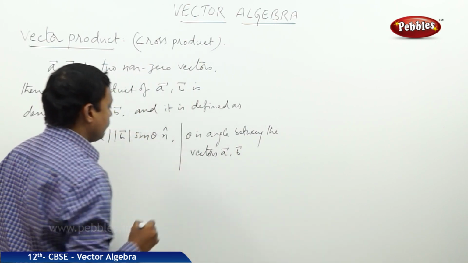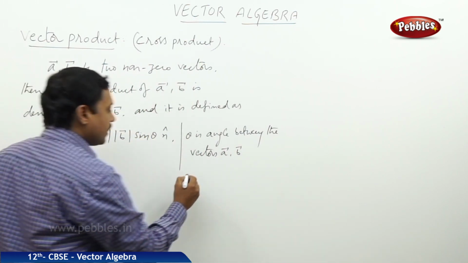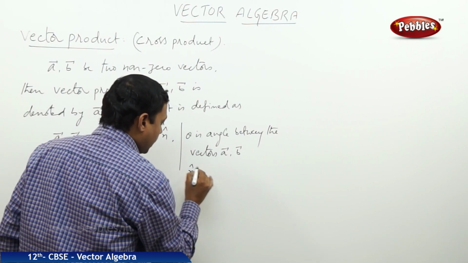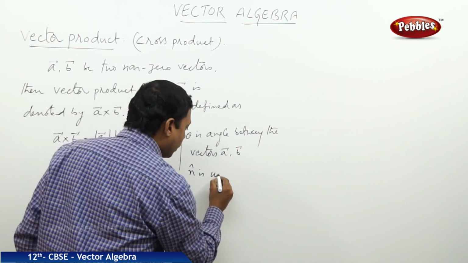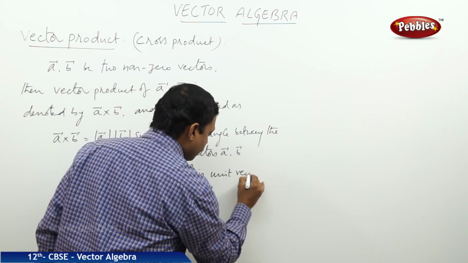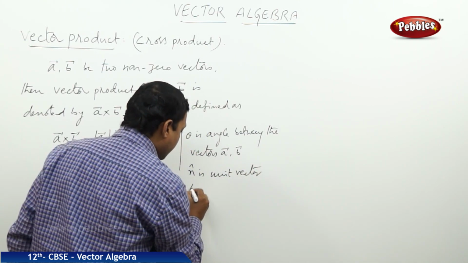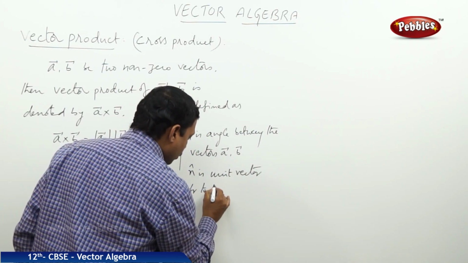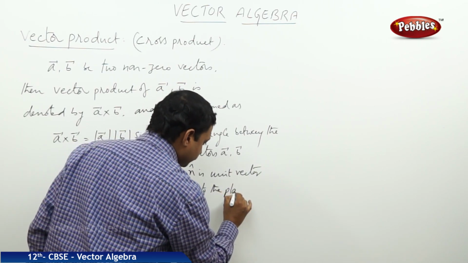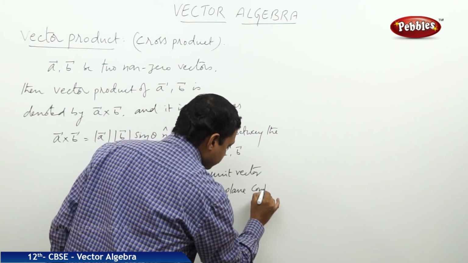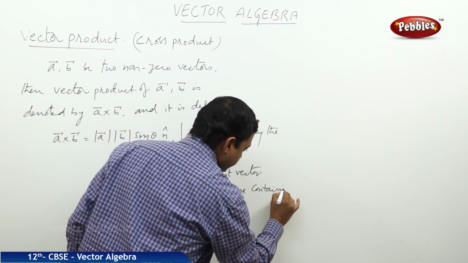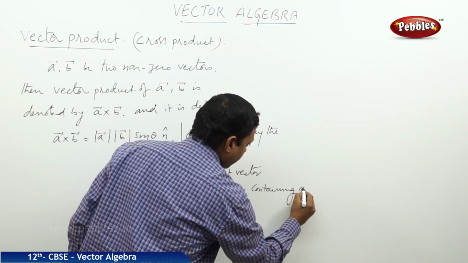And what is n cap? N cap or n bar is a unit vector perpendicular to the plane containing A bar and B bar.